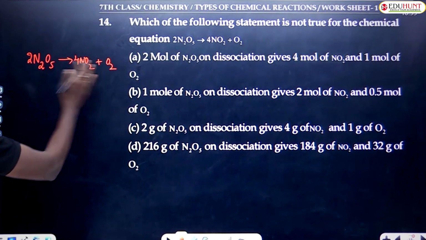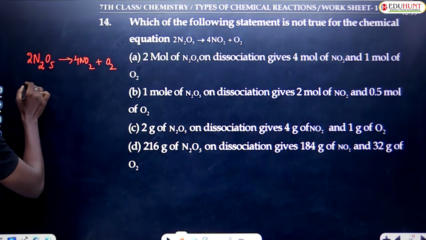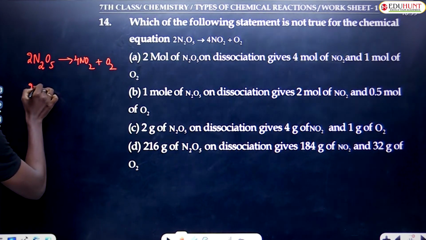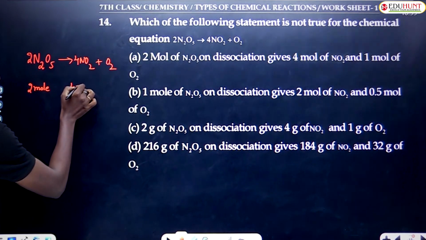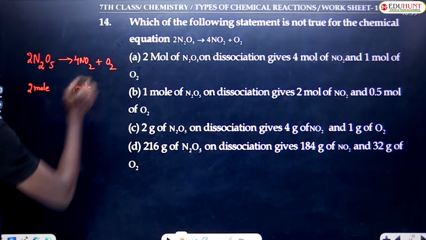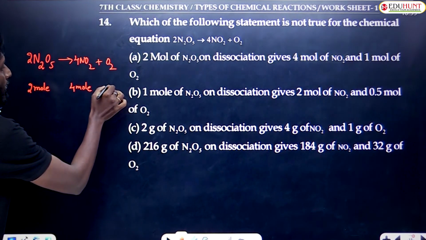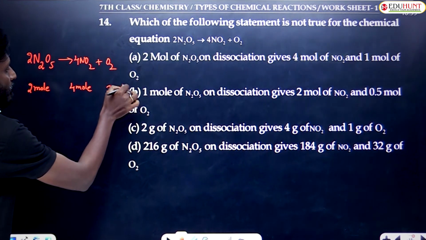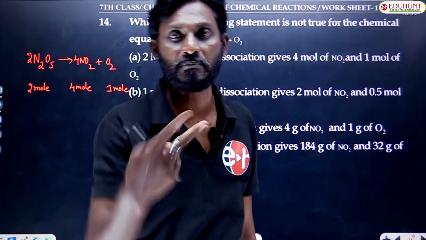The stoichiometry, the balancing of the reaction, tells us that if N2O5 is taken as 2 mole, the NO2 will be 4 mole and the amount of oxygen formed will be 1 mole.